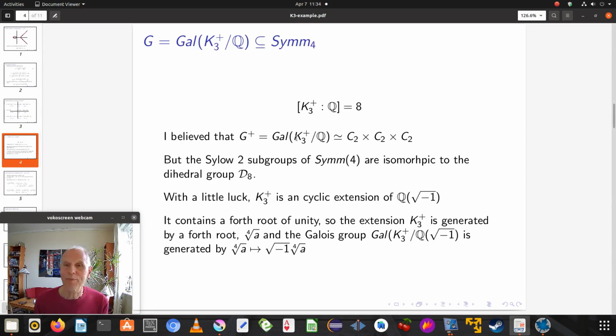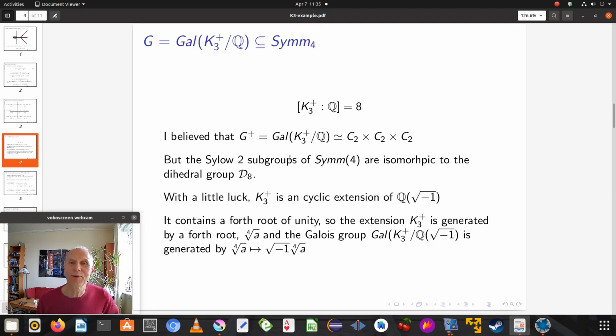Now, I believed it was the simple abelian group, but you see the Galois group here is actually permuting the x values. So that means it is a subgroup of the symmetric group of order 24.